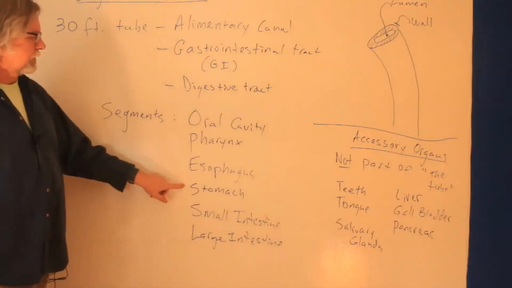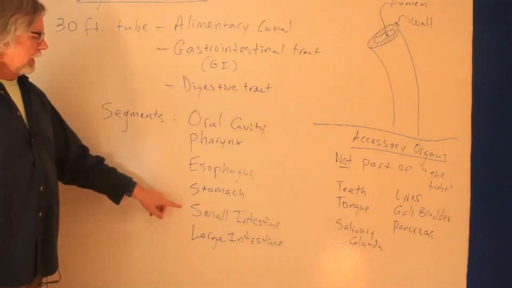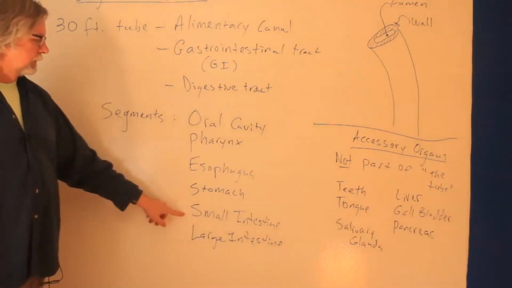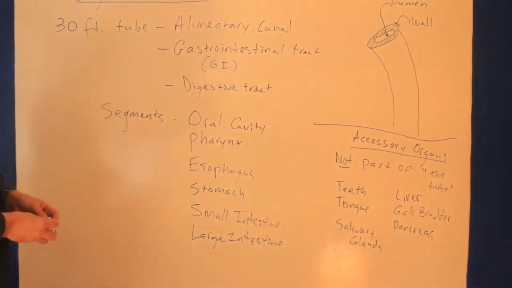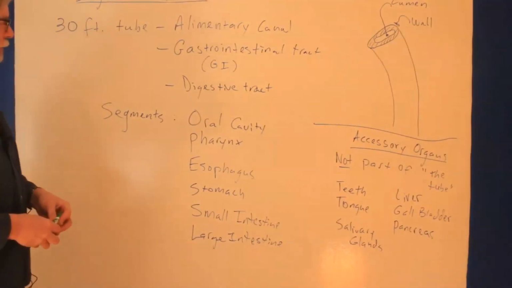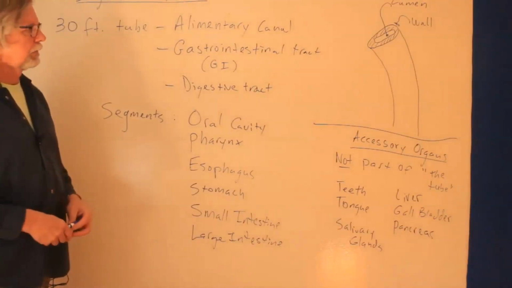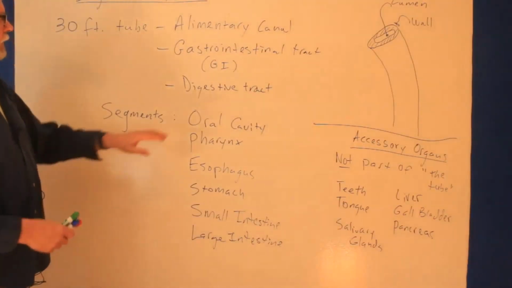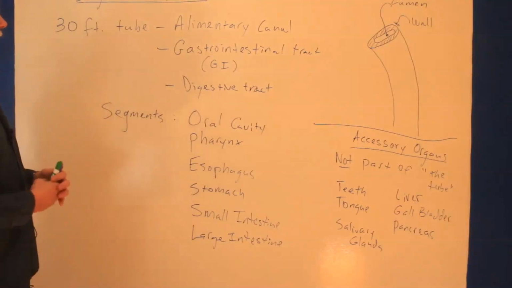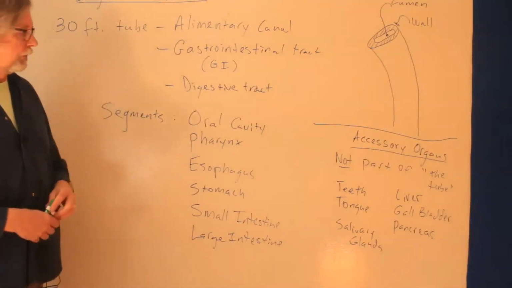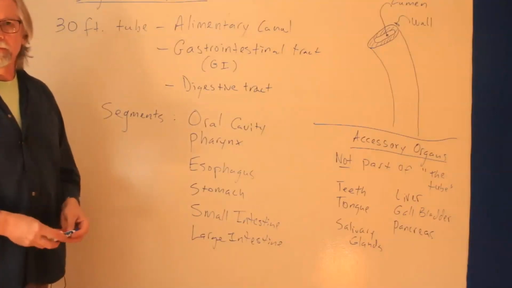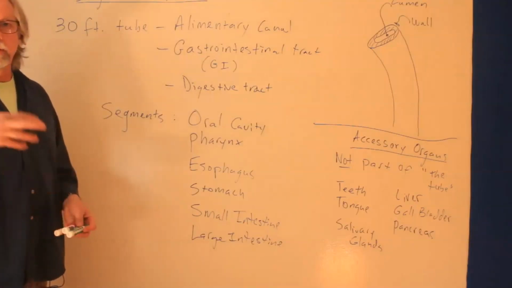The esophagus connects to the stomach, that connects to the small intestine, and then to the large intestine, and undigestible stuff is going to exit from the body at the anus. So these are the different segments of the alimentary canal, and these are each specialized to carry out a particular function. And that's going to be one of the main topics we'll talk about, not on this video, but on future videos.